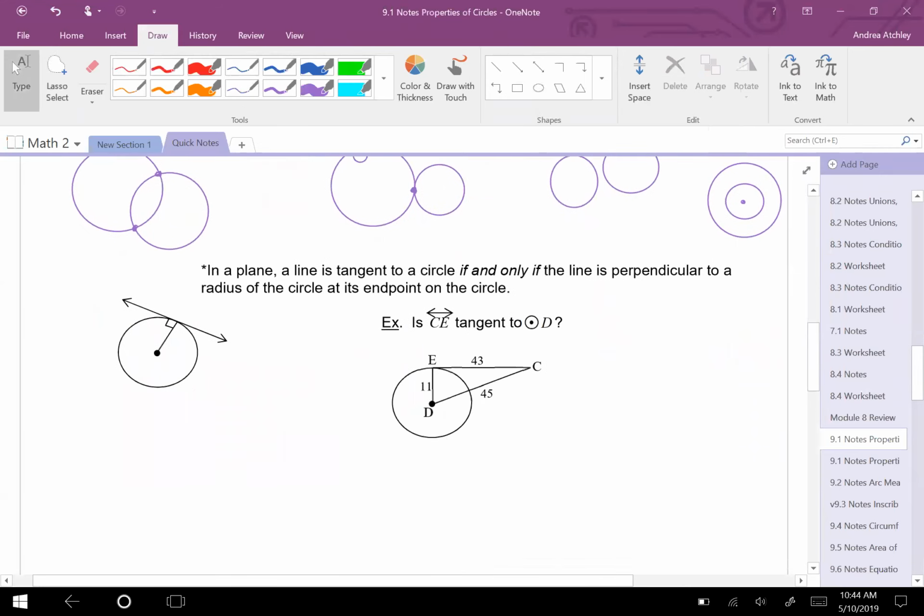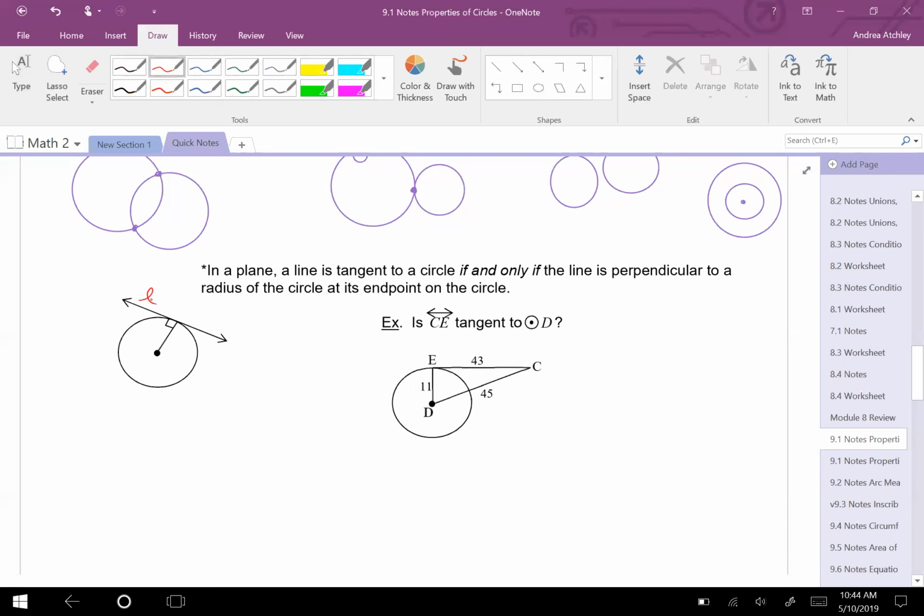Okay, in a plane, a line is tangent to a circle if and only if the line is perpendicular to the radius of the circle at its endpoint on the circle. So let's see what that would look like. Here I have a line. I'm going to label it line L. You can label lines with 2 letters, or with a lowercase cursive letter.